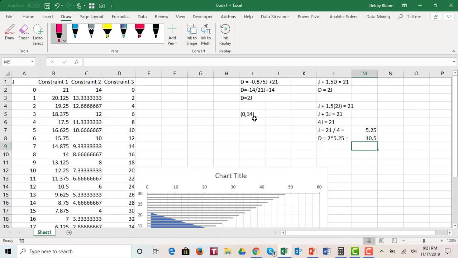Okay, so now we have two possible profit points. This corner is 0, 14, and this corner over here, this bottom corner, is 5.25, 10.5.